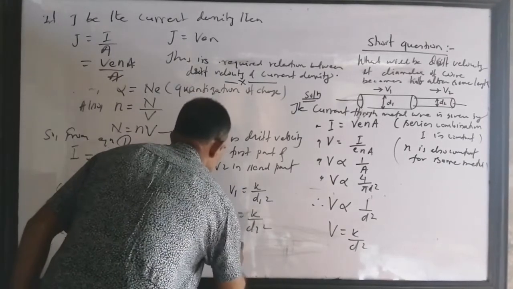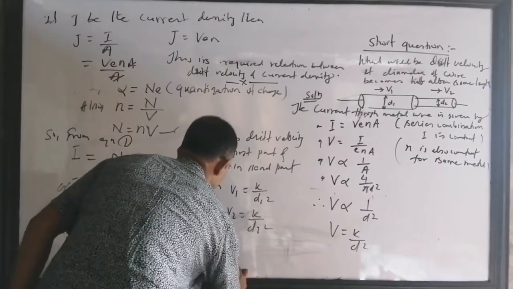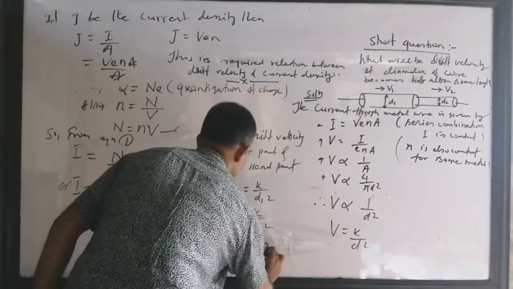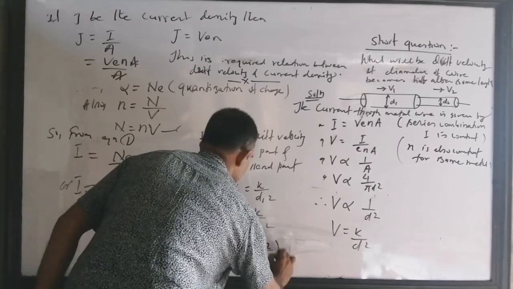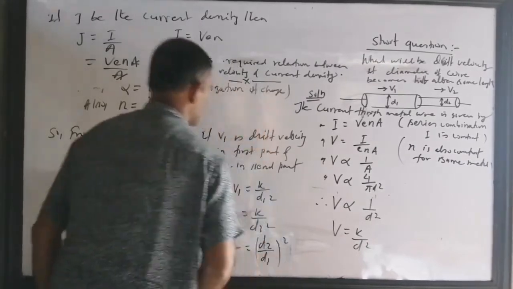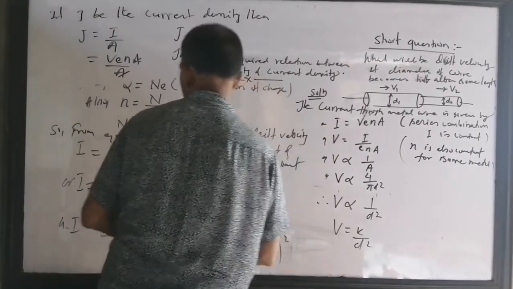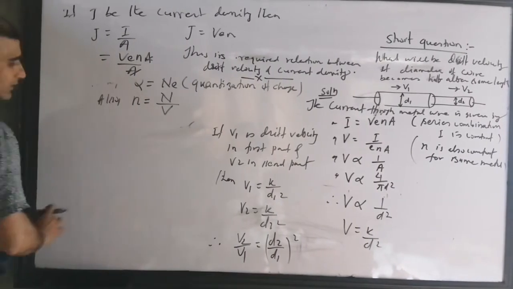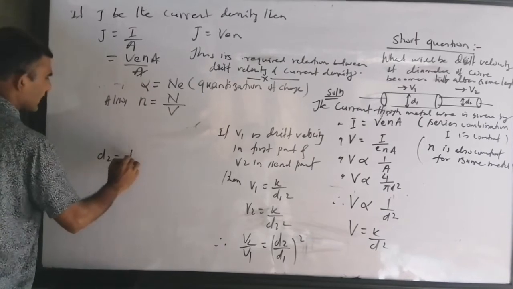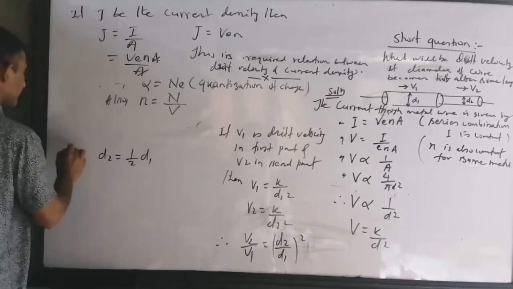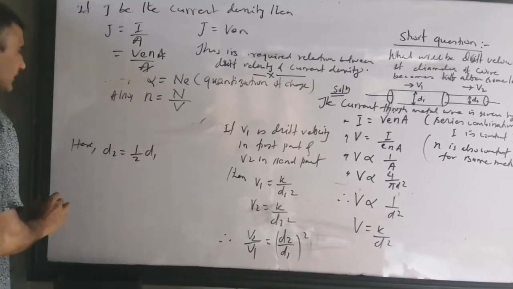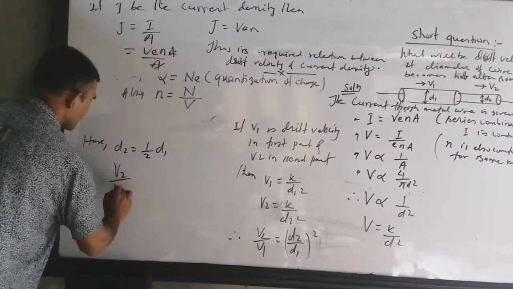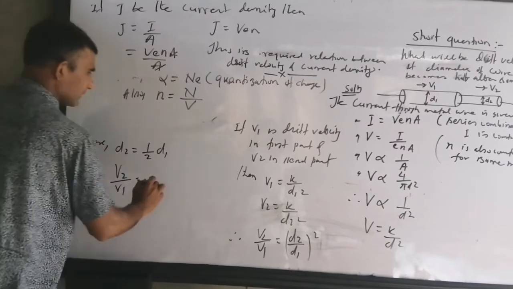V2 upon V1 equals d2 by d1 square, taking the inverse. In the question it's given that d2 is half of d1.